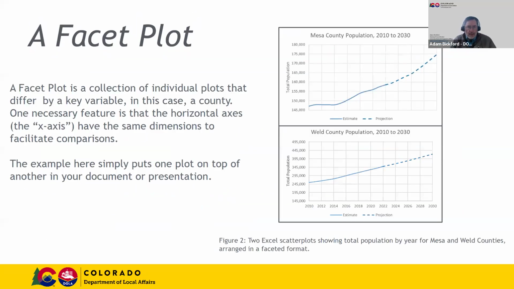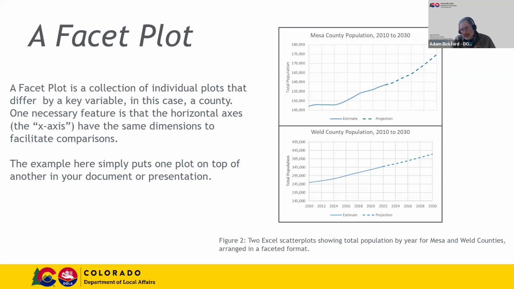So a facet plot is pretty easy. It's literally taking two charts and putting one right on top of the other. The only thing you need to make sure is that the x-axis has the same dimensions so that you can do a comparison here. So you look at the population for Mesa County and the population for Weld County.